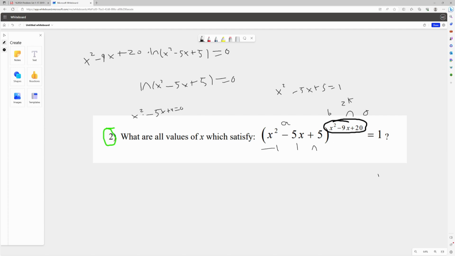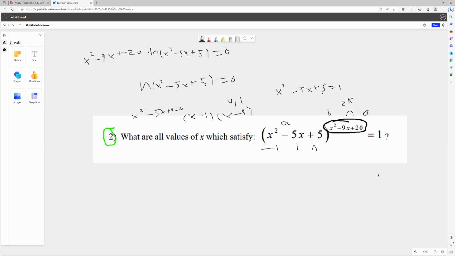So, we could write this as x squared minus 5x plus 5 equals 1. Subtracting 1 from both sides, we get x squared minus 5x plus 4 equals 0. Now, let's factor this as x minus 1 times x minus 4. And now that would give us 4 or 1.